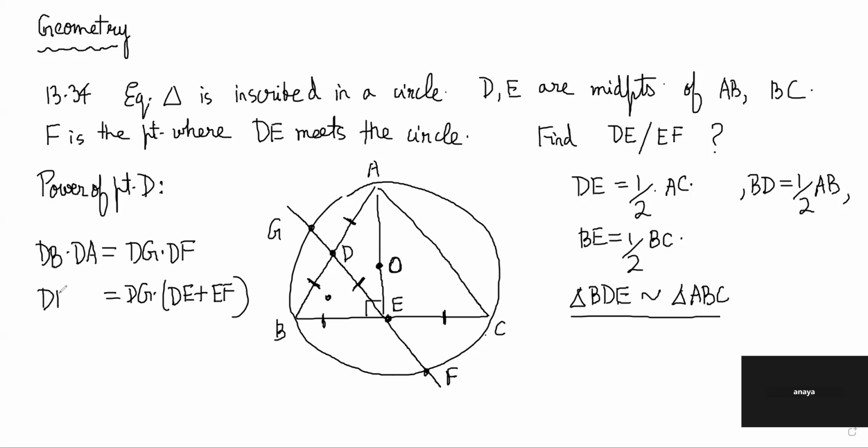You can write it as DE square. So this relation is there. Now we have to figure out what is DG.